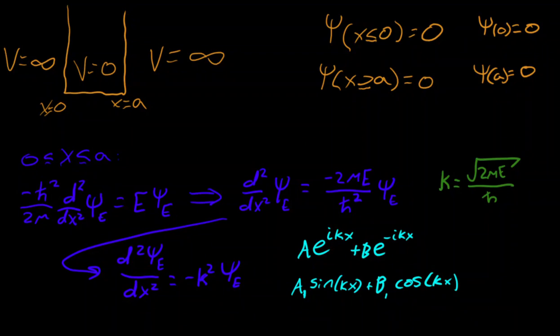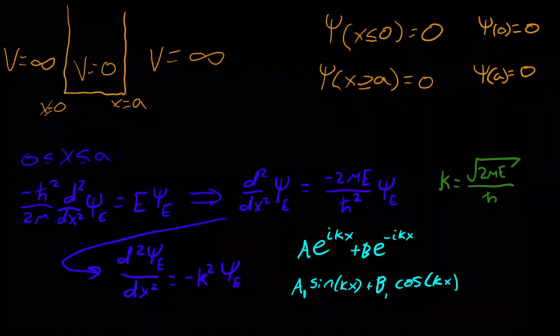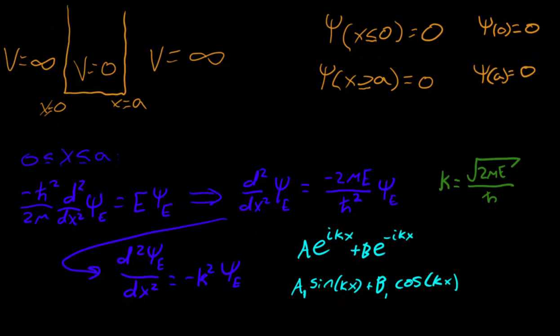For this problem, if you know where this is going, especially with these boundary conditions, and you've solved these kinds of differential equations before, you will know which form we should use. These are equivalent if we allow A and B to be complex.